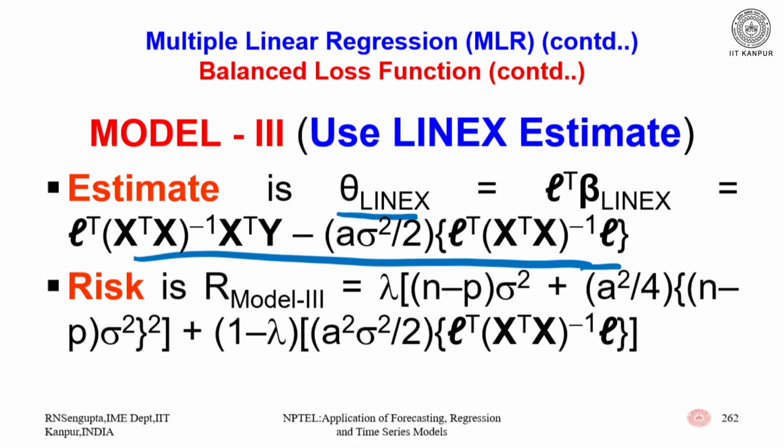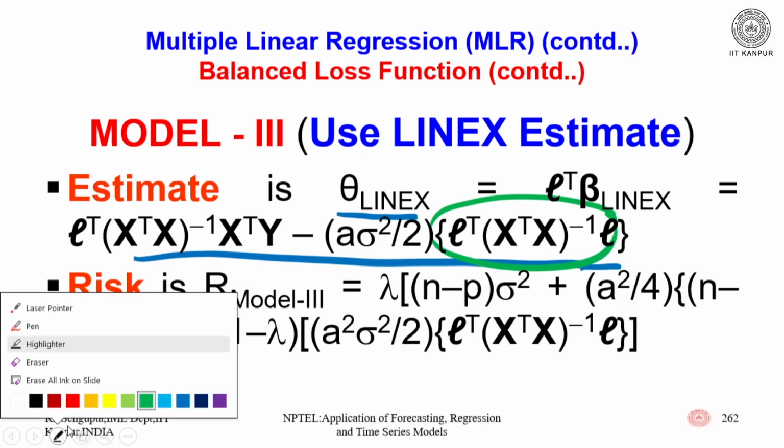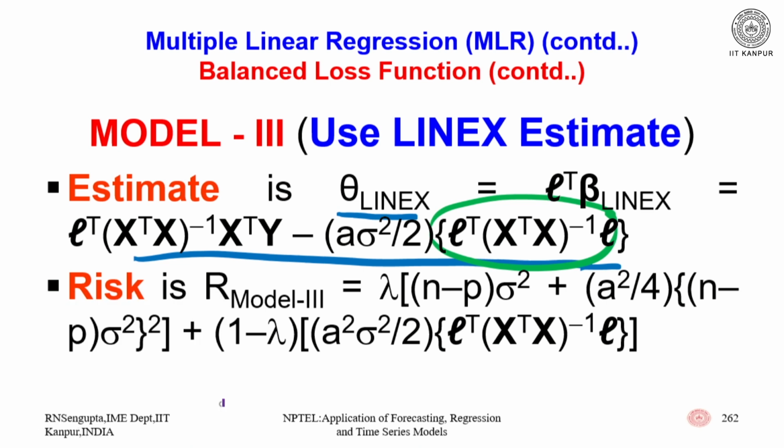So, now let us double check the dimensions. This component, circled in green, we all know is always a scalar. So, sigma square by 2 is a scalar, and after the minus is a scalar. Again, if I check here, this one I will mark in violet color.